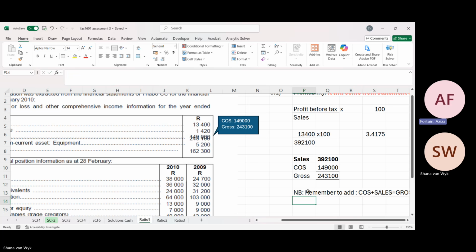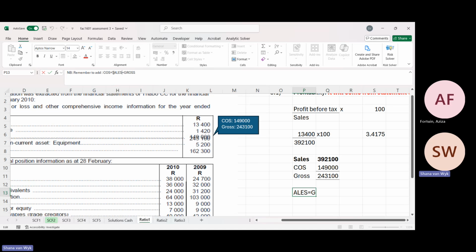Plus gross profit equals sales. Yes, sales. There we go.